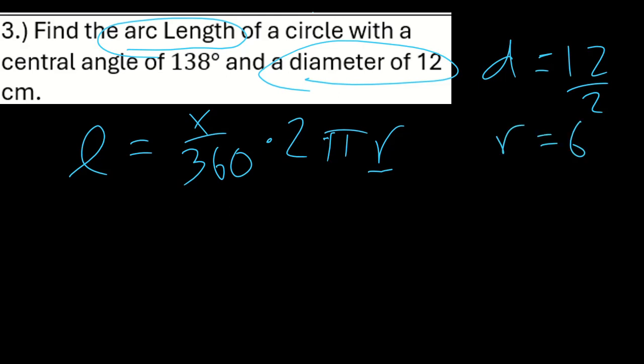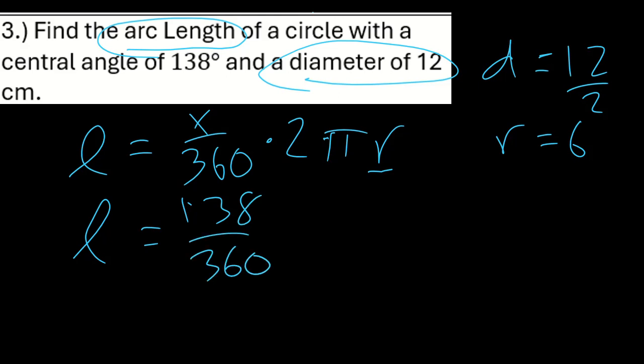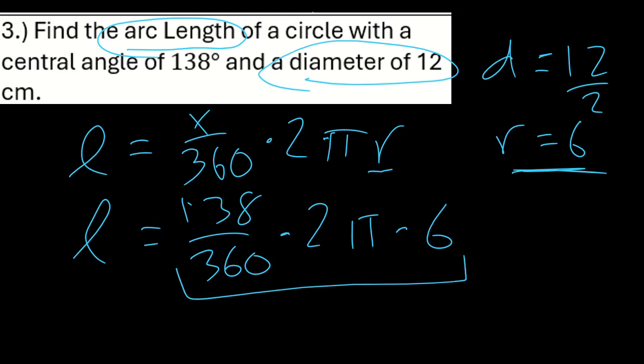Okay, from left to right, let's plug in everything we know. My arc length is equal to my central angle, 138 over 360, times 2 times pi times my radius, which is 6. You always want to be careful. Now, once I multiply all this together and simplify that, I'll have my arc length.